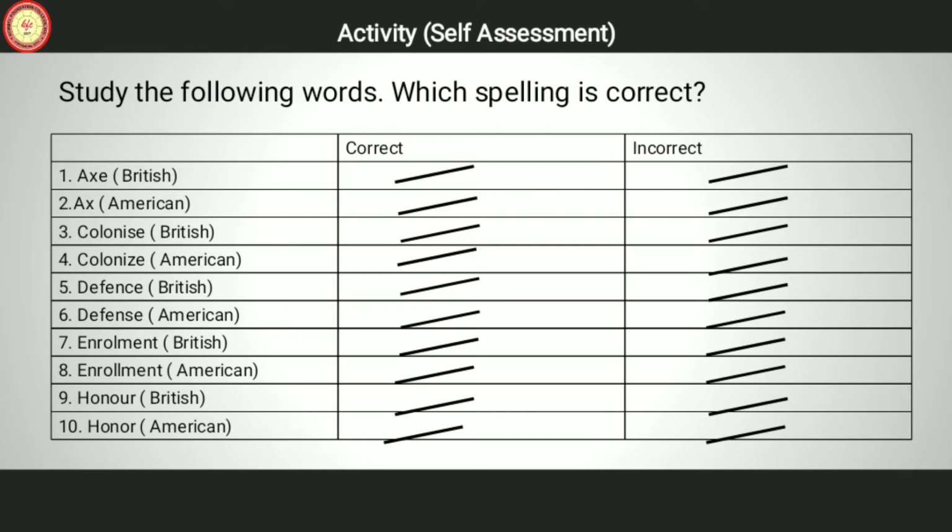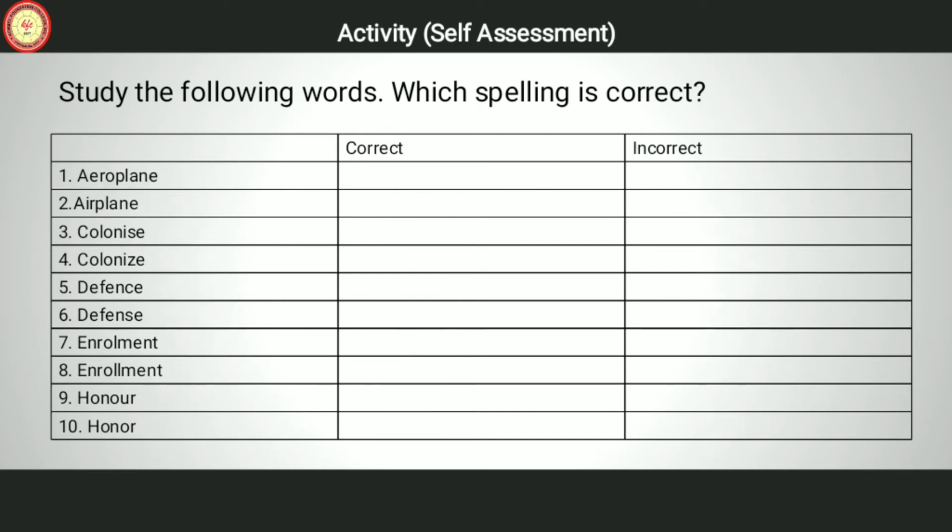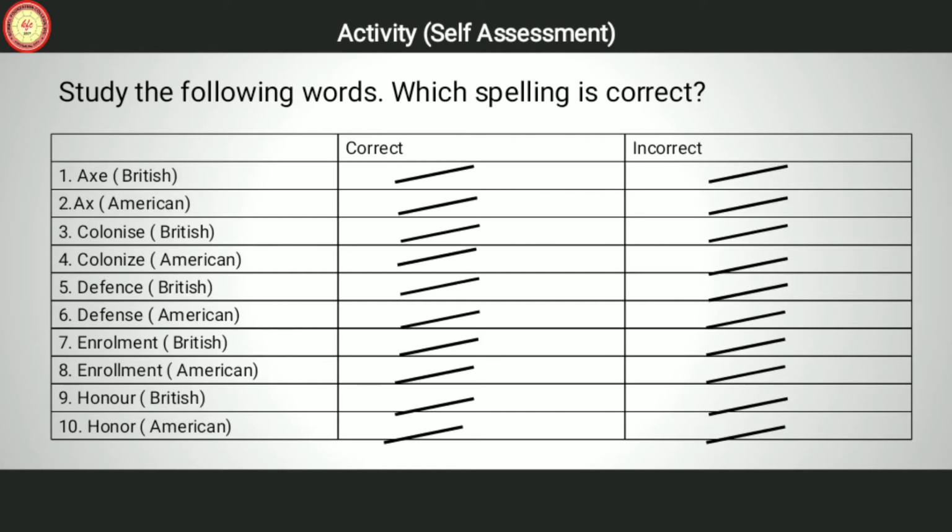Okay, so as you can notice, there's just a typographical error on the number 1 and number 2, but nevertheless, the same is the answer. So here, as you can notice, first, there are two words, axe and axe. The first one ends with E, the second one doesn't end with E. But I put correct, correct.